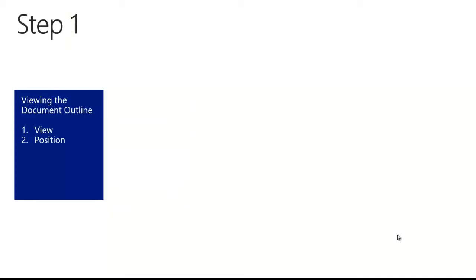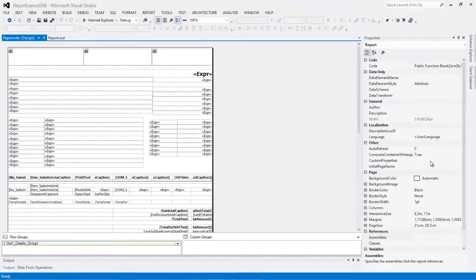Let's start with step 1, viewing the document outline. Here is Microsoft Visual Studio 2012, which can be used to edit RDLC reports in Microsoft Dynamics NAV 2013 R2. In Microsoft Dynamics NAV 2013 R2, RDLC reports can now also be edited using the Microsoft SQL Server Report Builder.